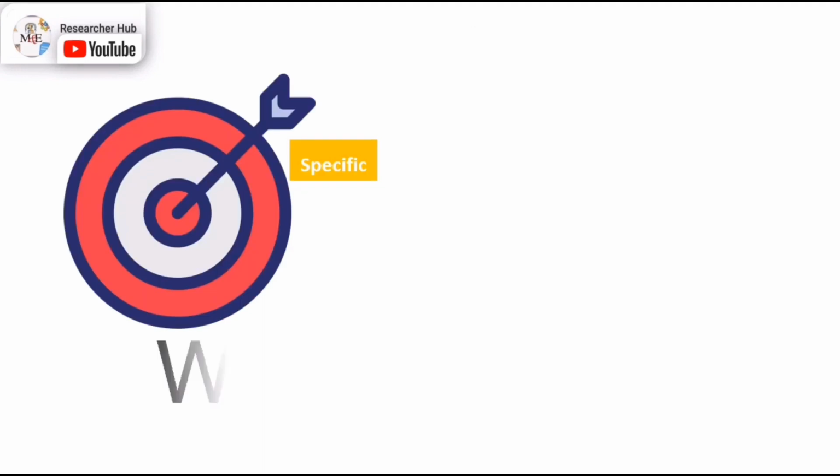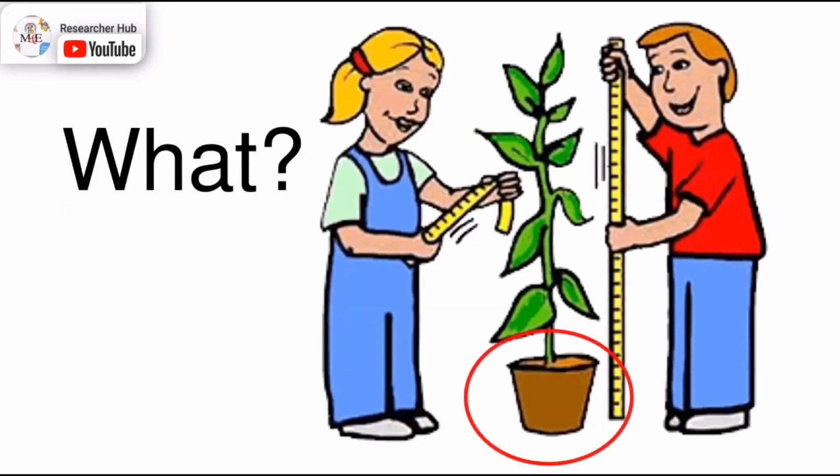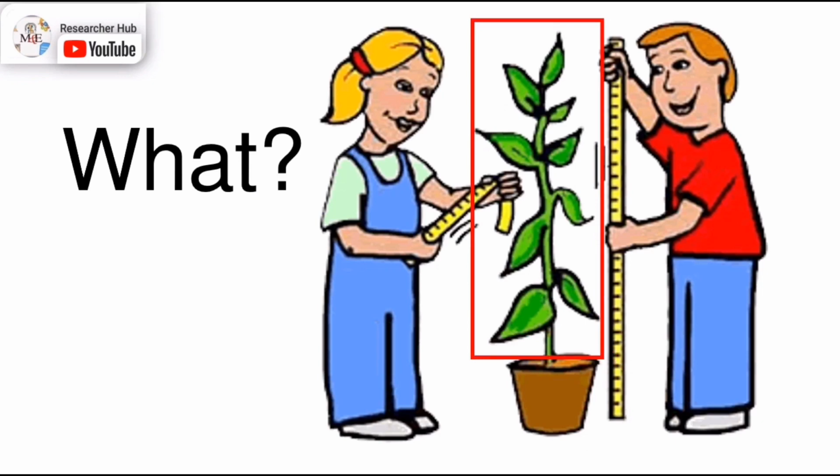Specific. So specific means that the statement tells you exactly what we want to measure. For example, in this case, the statement must tell you exactly whether you want to measure the waist, or you would like to measure the flowers.